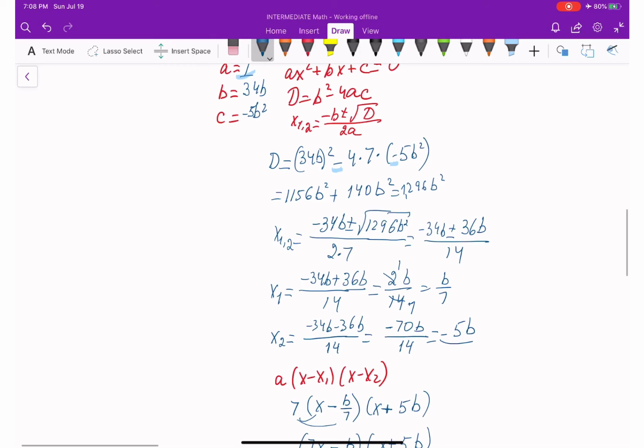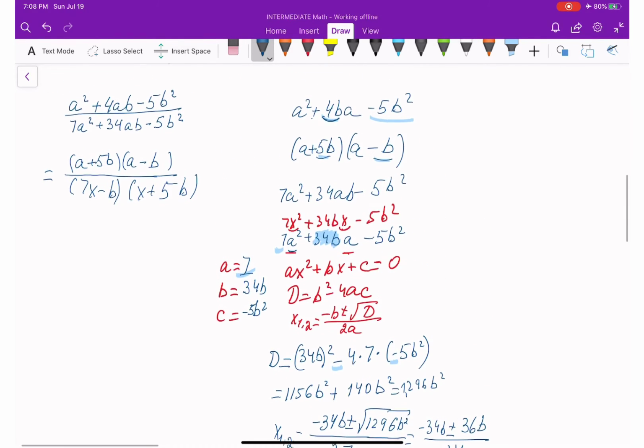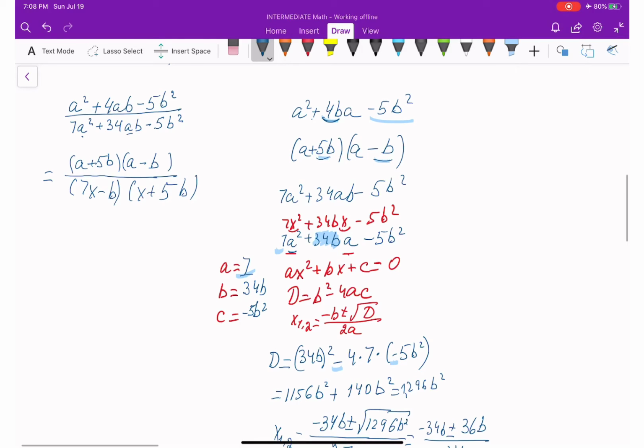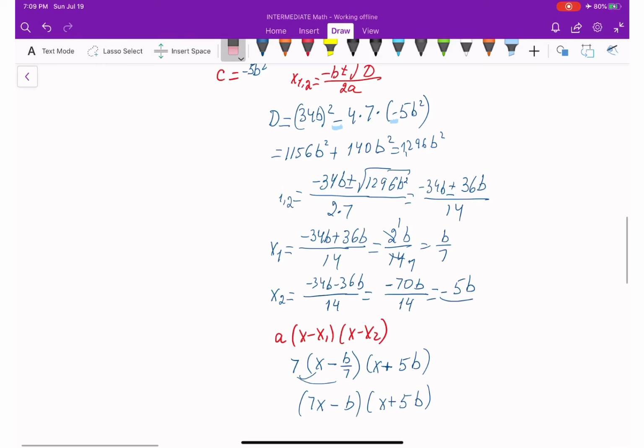Actually, instead of x we have a, right? Yes, it's a everywhere instead of x. It has to be a because our variable is acting as an a. All right, a plus 5b. I can correct here also x1, x2, because instead of x we are treating it as a, so here will be a1 and here will be a2.